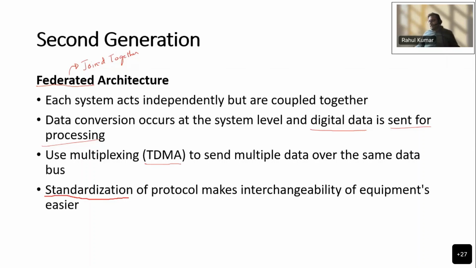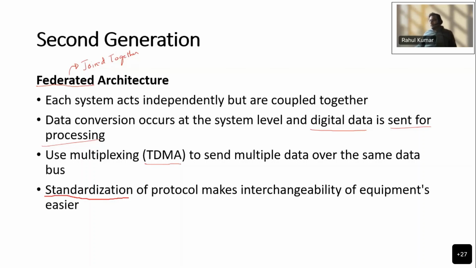Now, some of the additional advantages of this federated architecture include fault containment. That is, if a failure or fault occurs, the faulty data will not be sent to the processor or to the centralized computer, right?